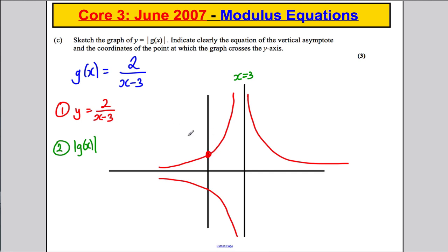Well, where this crosses the y-axis is where the negative section of this graph, i.e. negative 2 over x subtract 3, you want to work out where x is equal to 0 here. You let x be 0, and therefore this gives you that y would be negative 2 over negative 3, which is 2/3. So this point here would be 0, 2/3.